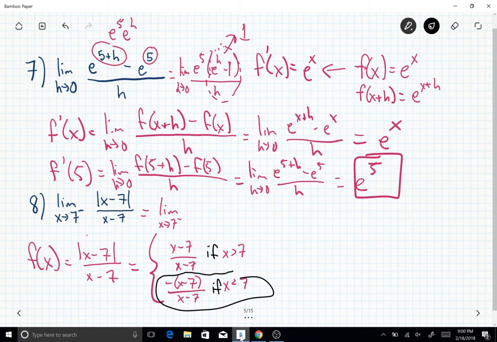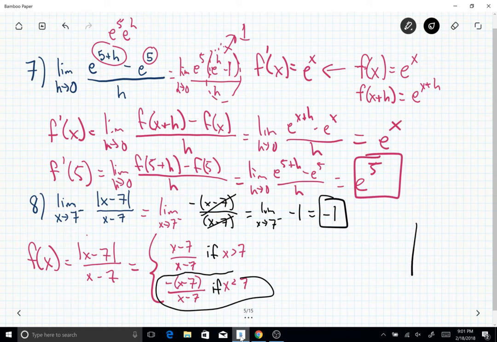So that should be negative x minus 7 all over x minus 7. And notice your x minus 7's cancel. I know this looks kind of weird, but it would just be negative 1 because of that negative symbol out in front. And so that limit must be negative 1. And that, in fact, is our answer.